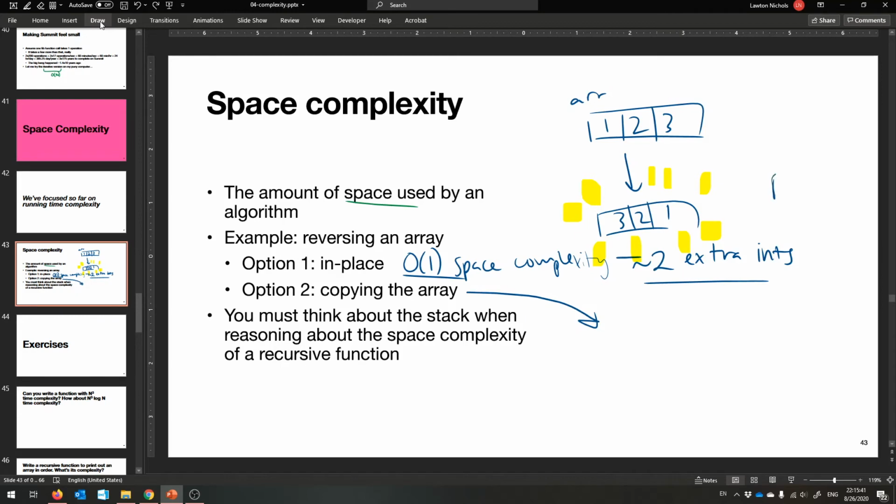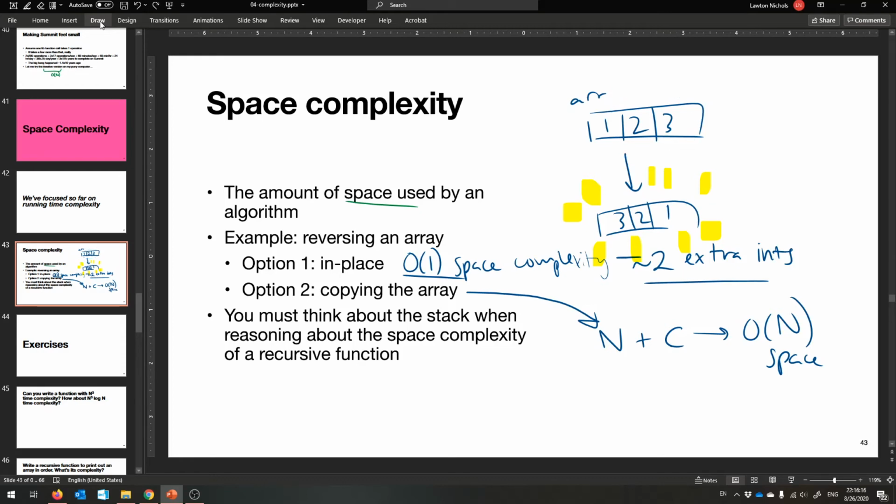It also might need to store some extra variables to help it iterate, like I, starting from n and adding into a certain index. So you need to make a size n array, which is n more space plus some constants. And so that becomes O of n space complexity. This is linear space because you're copying the array.